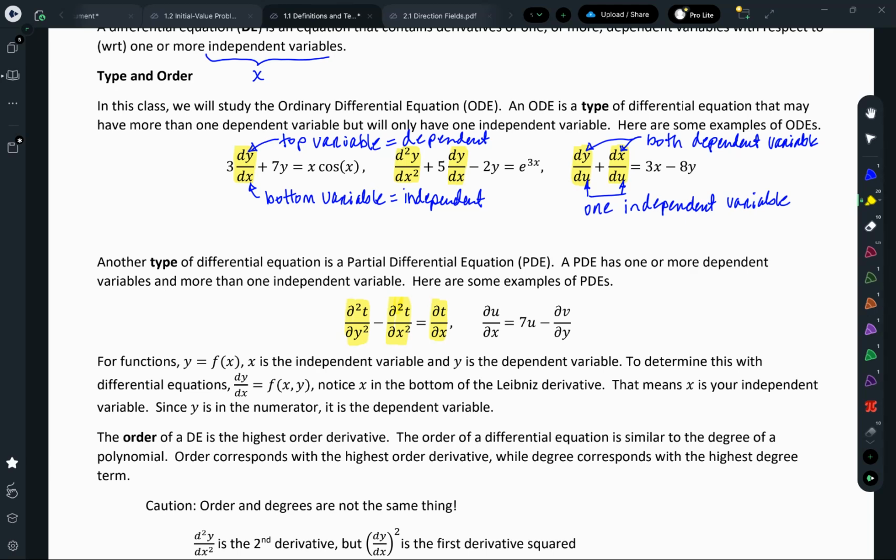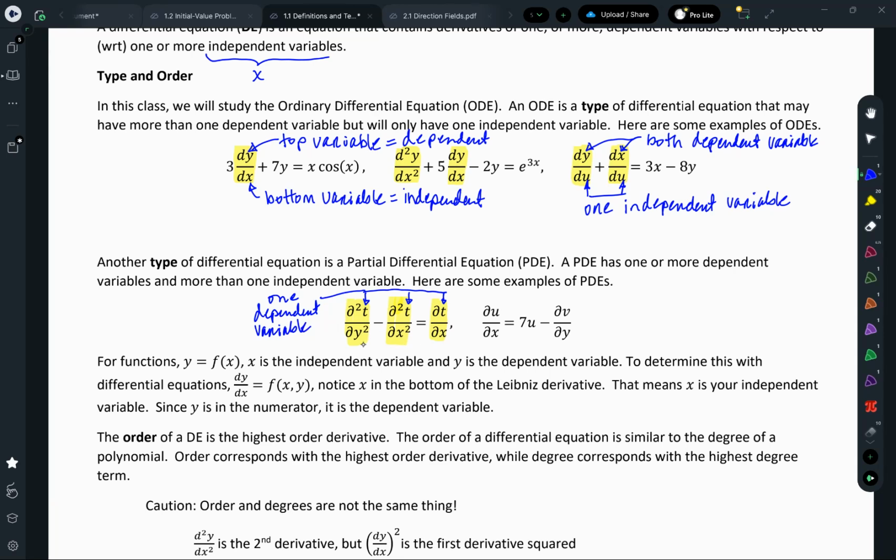On top, there is just one dependent variable. That's great, that falls into the definition for both an ODE and a PDE.